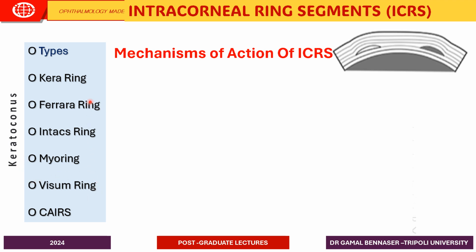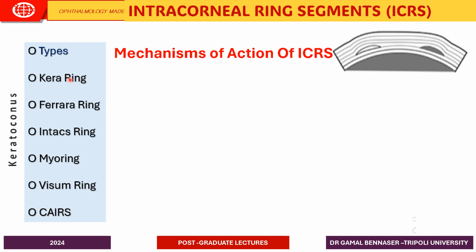The broad difference is that the Keraring, Ferrara rings, and Mayo rings are all triangular in cross section, the Intacs are hexagonal in cross section, and the Visiontech is quadrangular in cross section, and CAIRS is corneal allogenic intracorneal ring segments. That's an allogenic graft, a piece from corneal tissue. This was invented by Soosan Jacob from India, and this is the latest generation of the intracorneal rings.